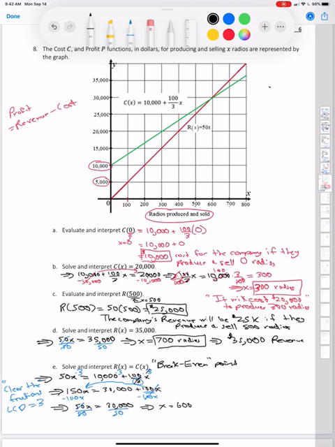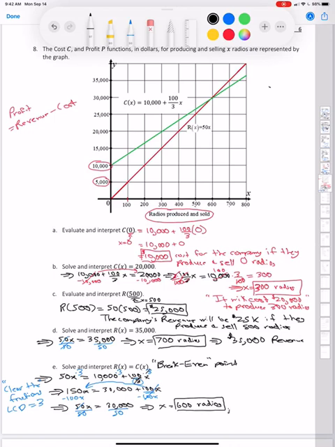So x is 600. So here it is. 600 radios produced and sold will allow our company to break even. That's when revenue will equal the cost, which is at $30,000, which will result in a profit of 0. So again, there's the value of x as we solved it. So this is the break-even point, 600 radios.